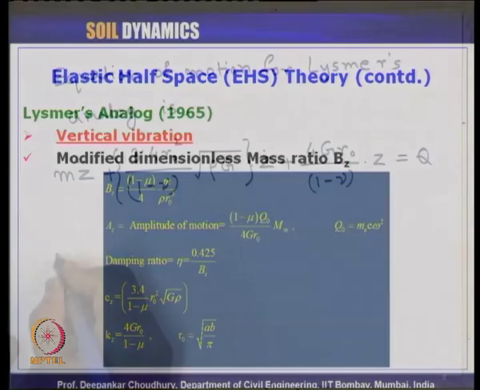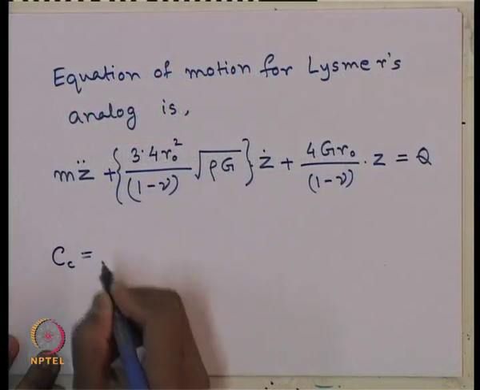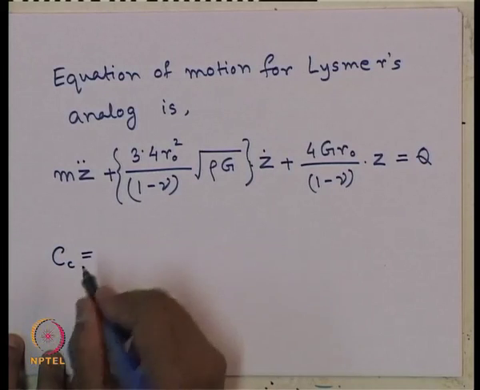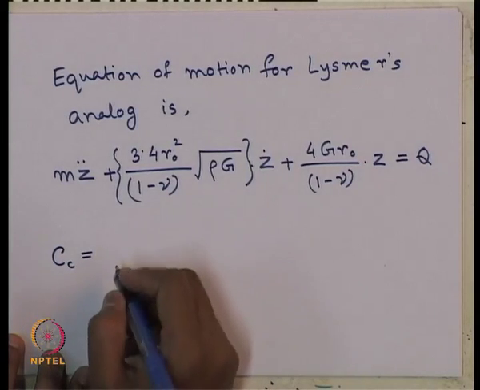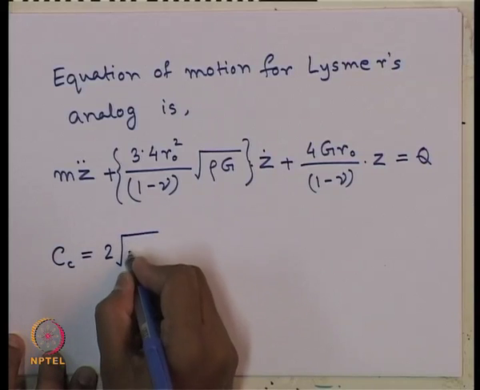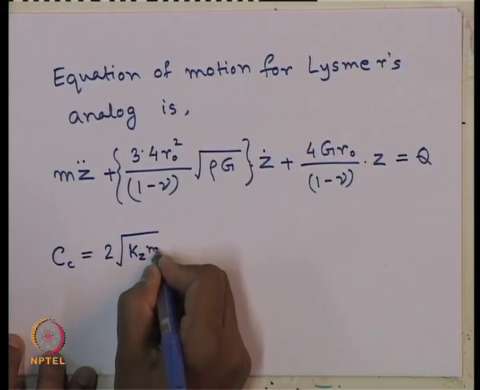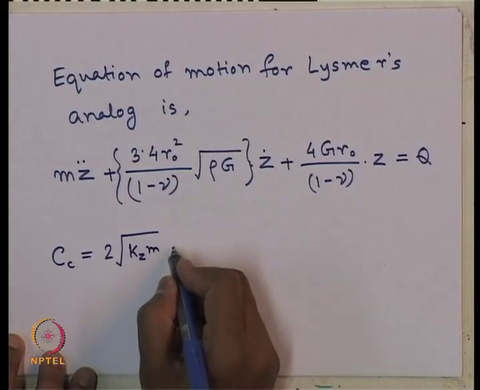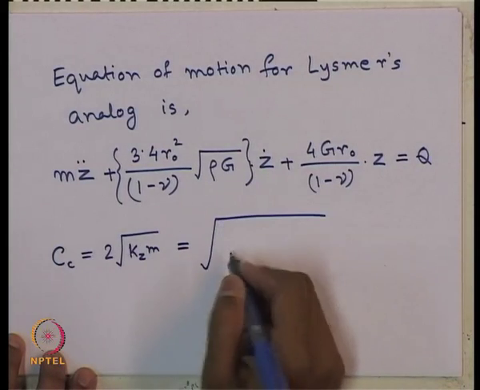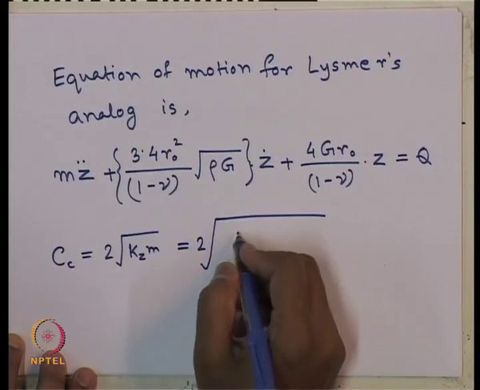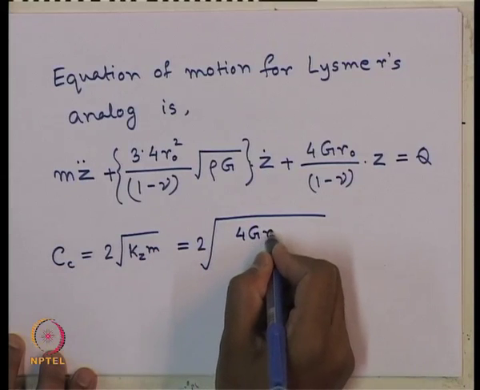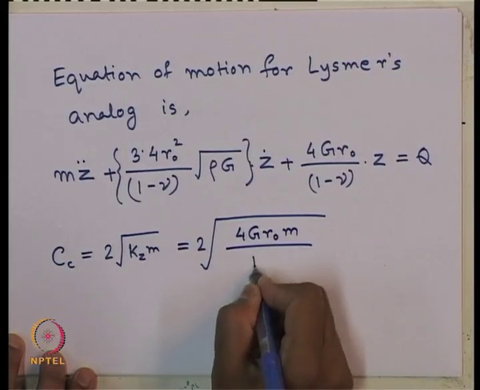Because if you see the expression of Cc, that is the critical damping coefficient, it can be expressed as 2 root over kz m, right, which can be written as 2 root over 4 g r naught m by 1 minus mu.